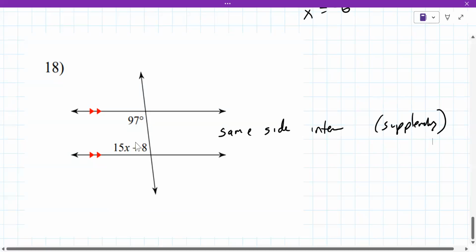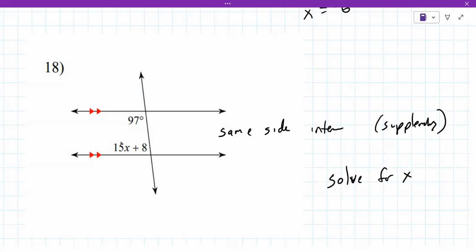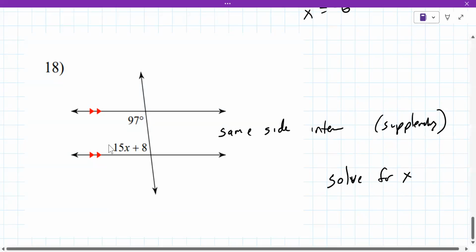So that means these two angles add up to 180 degrees. This time I'd like you to just solve for X, please. Yes, just solve for X, using the fact that they're same side interior, so they add up to 180.